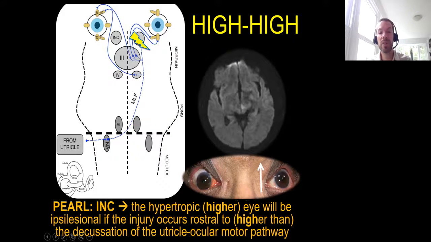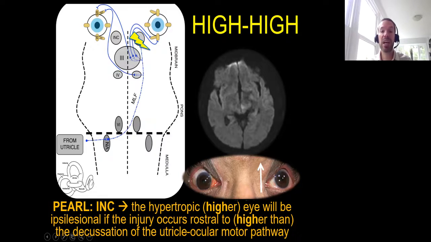We just talked about if you see a skew, it does have localizing value, but you're going to see other features. If you have a right lateral medullary stroke, you're going to have rightward ocular lateral pulsion. You're going to have rightward ocular dysmetria. If you have a left MLF stroke, you'll have a left hypertropia, but you'll also have a left INO.